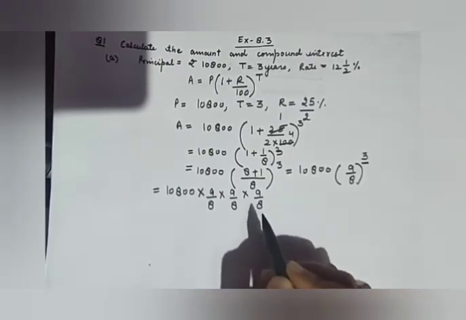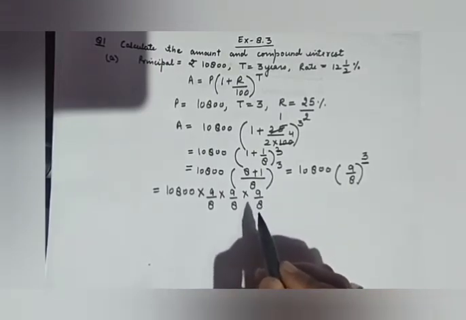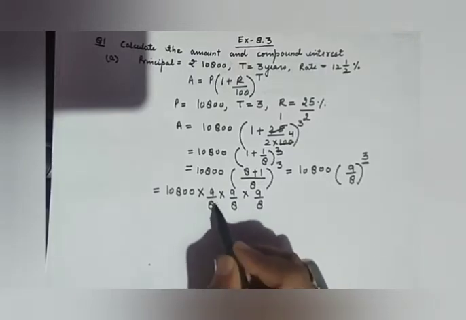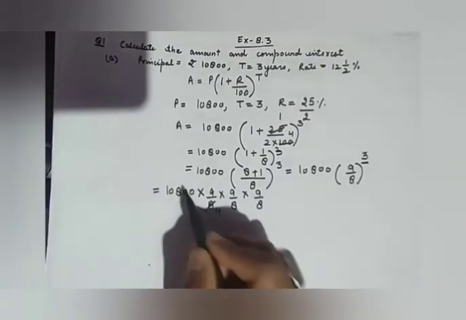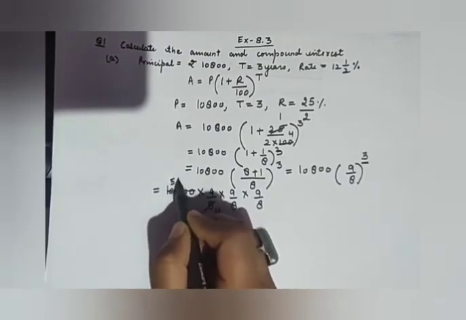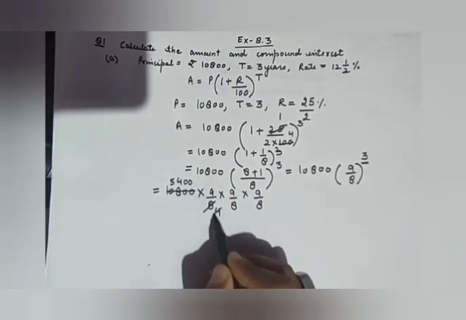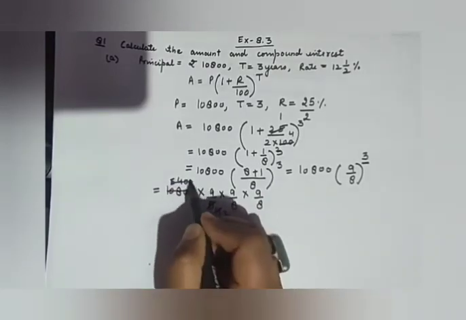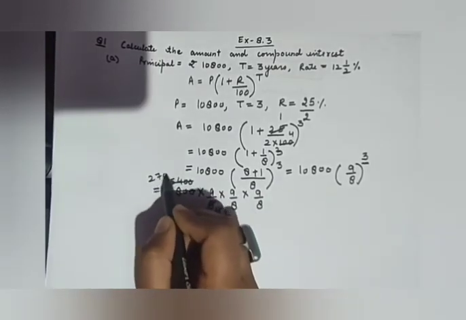After this, when I cancel it, it is like 8, 2 4s are 8, 2 5s are 10, so 5400 here. Again it will be cancelled, 2 2s are 4, 2700.